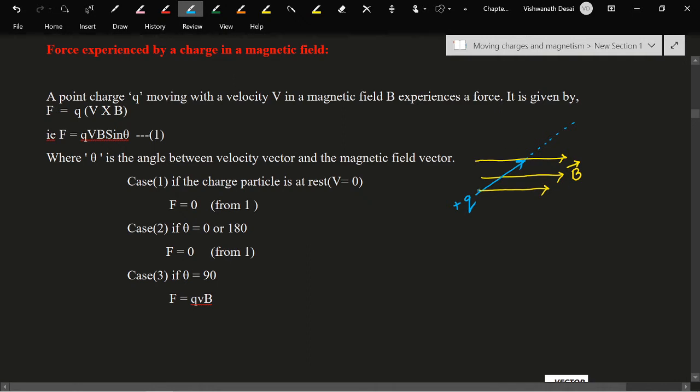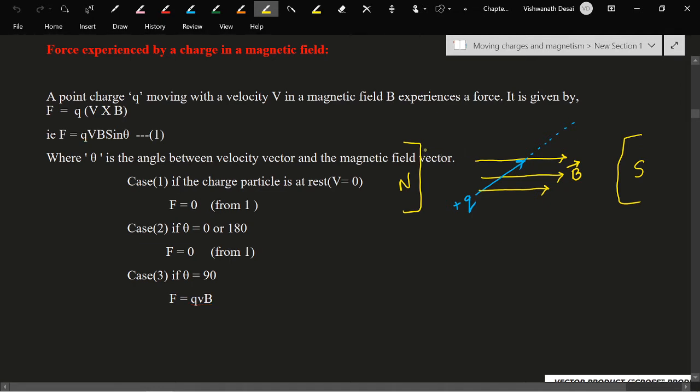And how do we apply the magnetic field? It is very simple. Just keep the north pole of the magnet over here. Or, if you want, you can keep the south pole here and the north pole of the magnet there. Then these are the field lines.